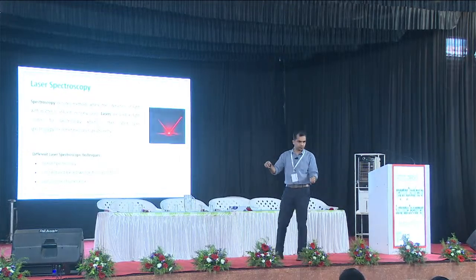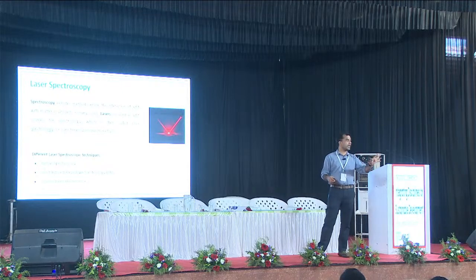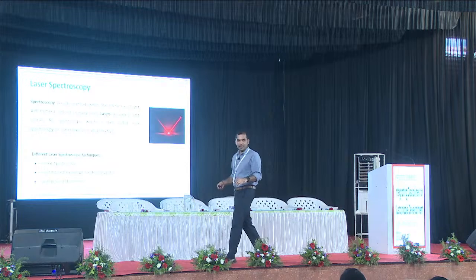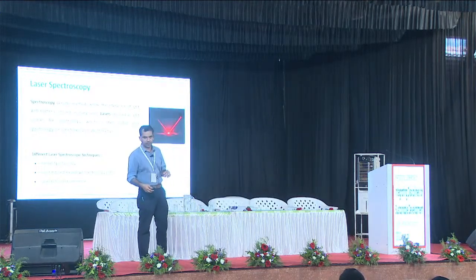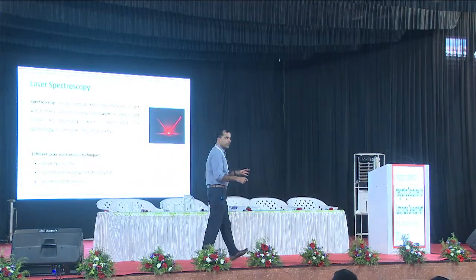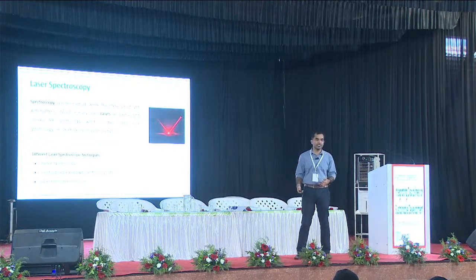We use a laser. And there is laser induced fluorescence. These are different types of laser spectroscopy techniques. Raman and laser induced fluorescence you will cover during your master's or bachelor's. But LIBS, most probably, is not in your syllabus. Now I am going to explain what laser induced breakdown spectroscopy is.